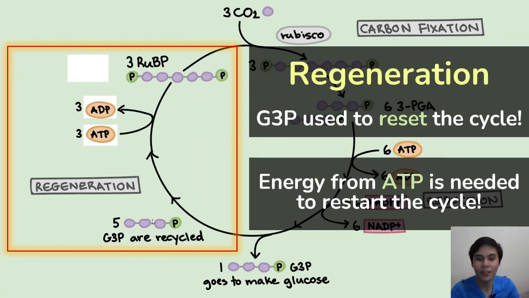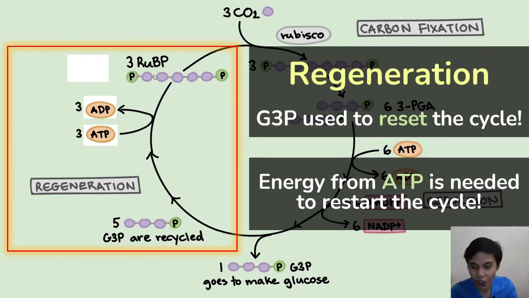So we have 15 carbons in total. If we rearrange those using energy from ATP, you should get 15 carbon atoms that are distributed to 3 molecules. So 15 divided by 3 would have 5 carbons in each molecule. All of these carbons were just rearranged to form RuBP, or ribulose 1,5-bisphosphate.